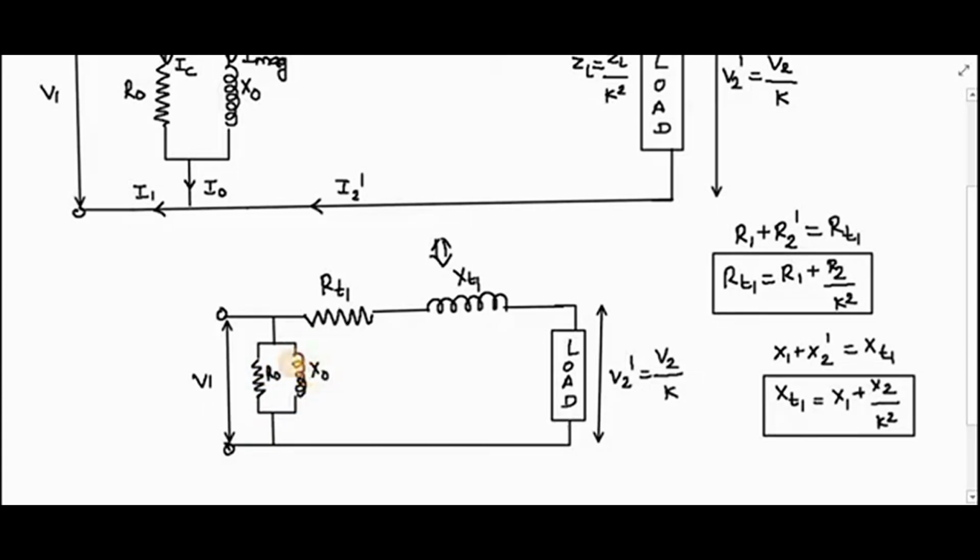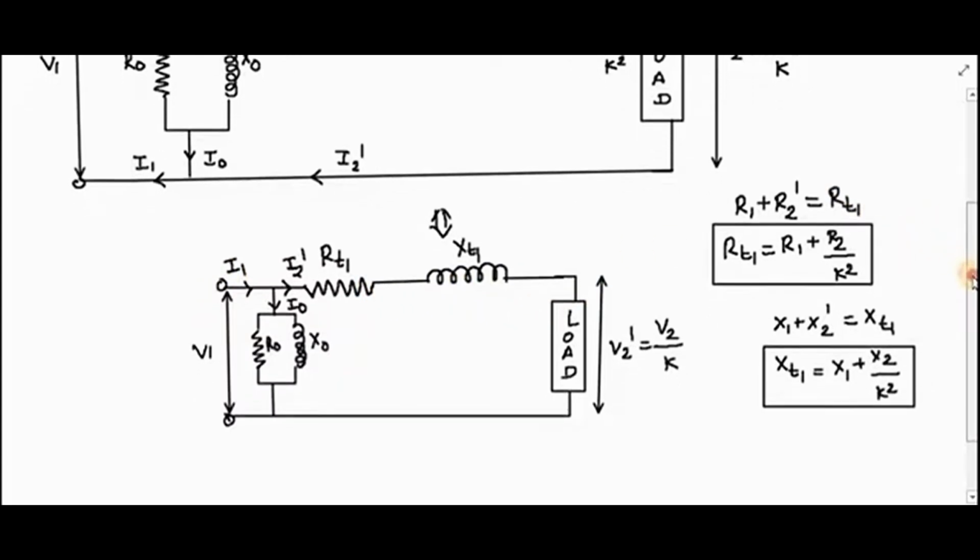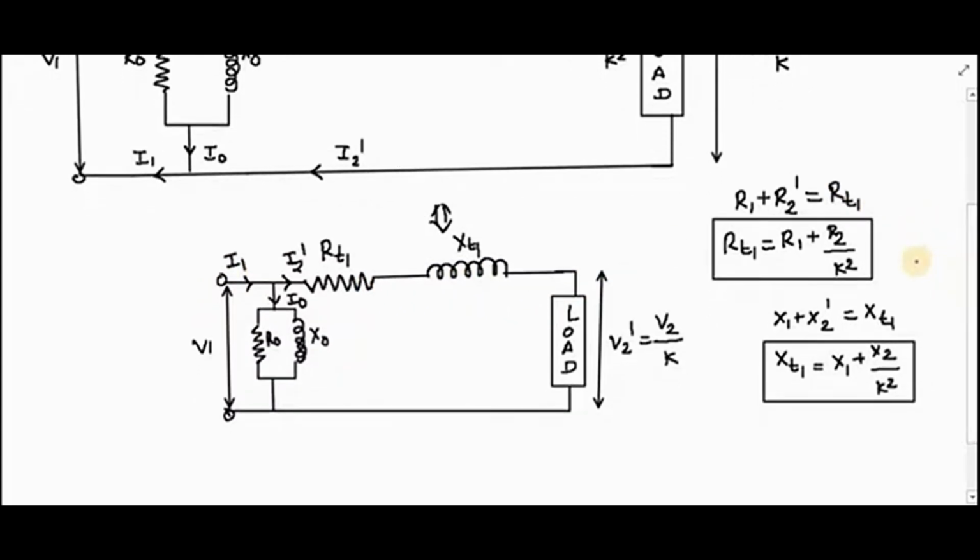This is your X0. And what is this? This is nothing but I0. What is this current? I2 dash. The current taken from the supply is I1. Right? And this is your V2 dash. So likewise we have drawn the approximate equivalent circuit of the transformer.